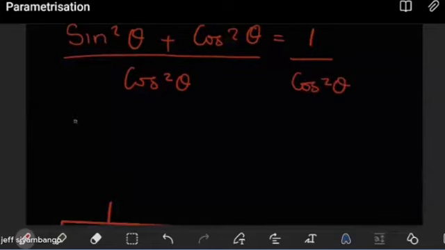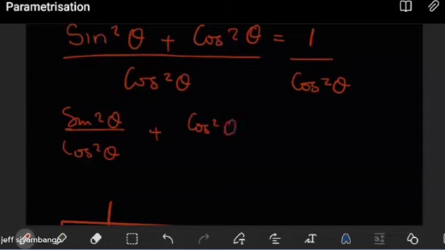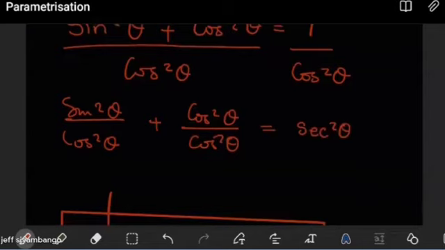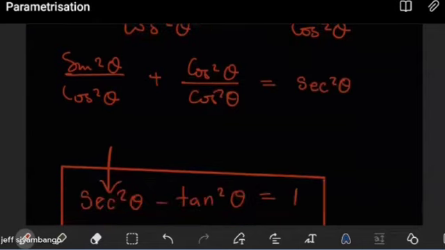If we did that, we now have sine squared theta over cos squared theta plus cos squared theta over cos squared theta equal to 1 over cos squared, which is going to give us sec squared theta. So that is what we have there.